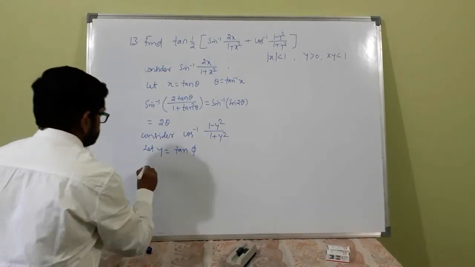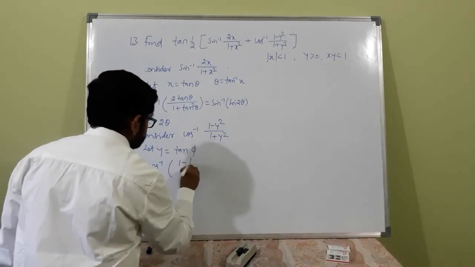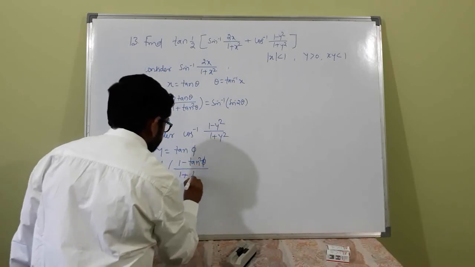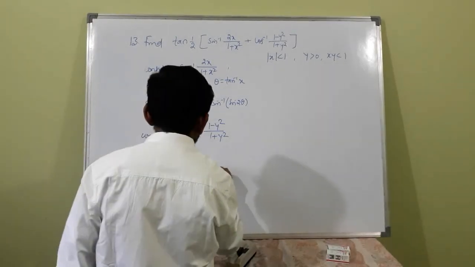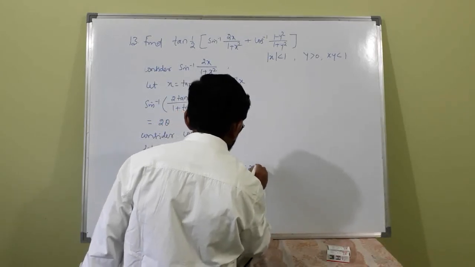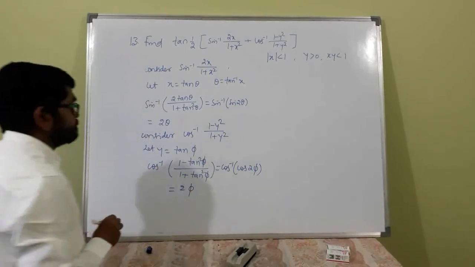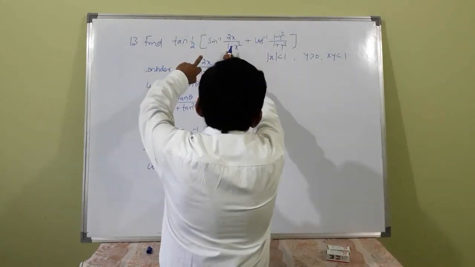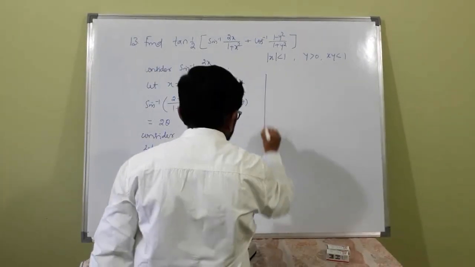Okay, then cos inverse of 1 minus tan square phi divided by 1 plus tan square phi is equal to cos inverse cos 2 phi, which is equal to 2 phi. Now in this bracket this will be 2 theta plus 2 phi.